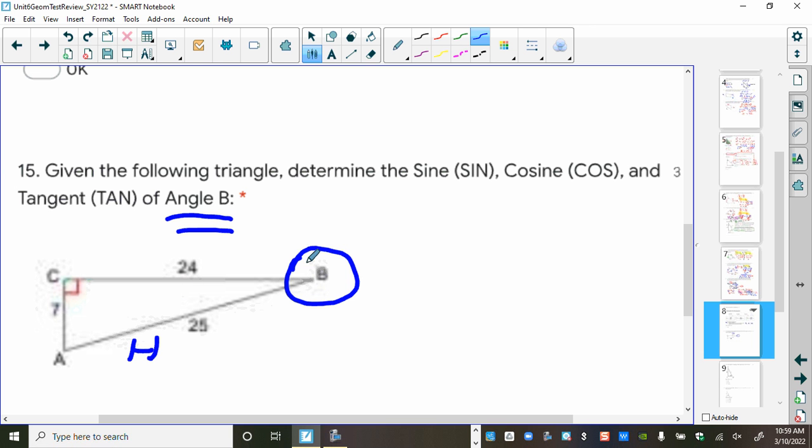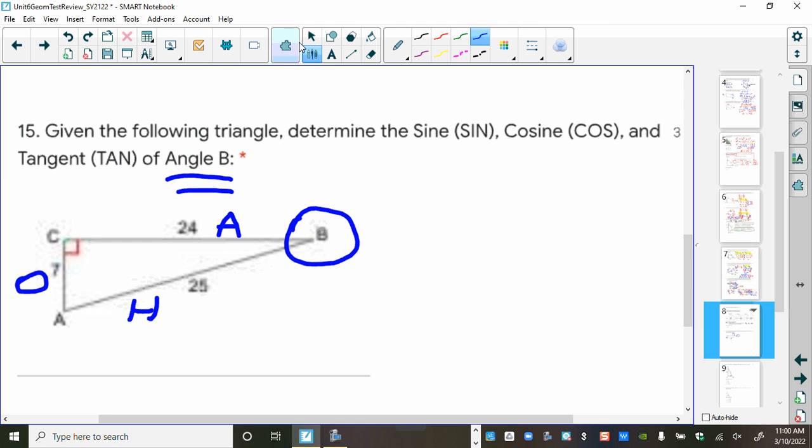There's angle B. Okay, does 24 touch angle B? Remember, you have to look at what angle is being identified. That's going to tell you which side is opposite, which side is the hypotenuse.